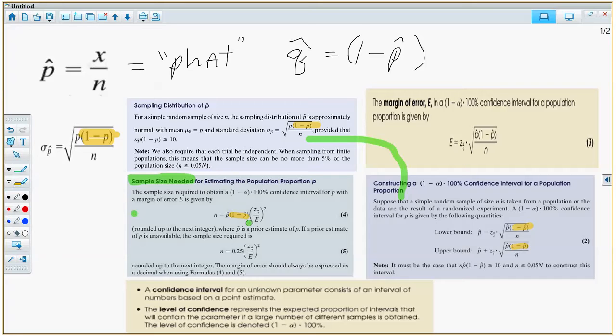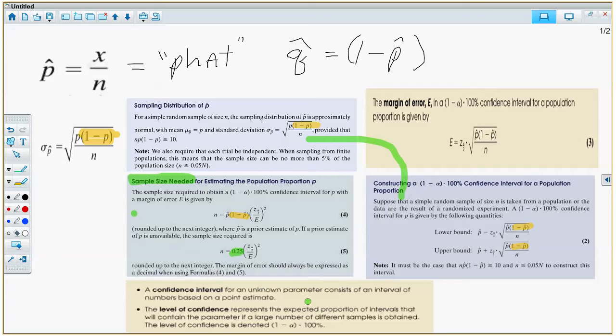Now, one thing that you need to know, PQ, but this one doesn't have a PQ. Why? Well, what if you're not given a P and a Q? Well, what's the probability of P and Q on a true-false type scenario? 50%. What's 0.5 times 0.5? 0.25. So that's why you've got 0.25 right here.